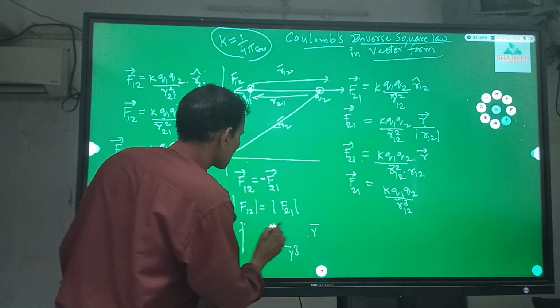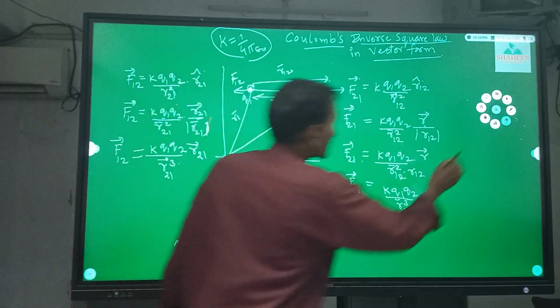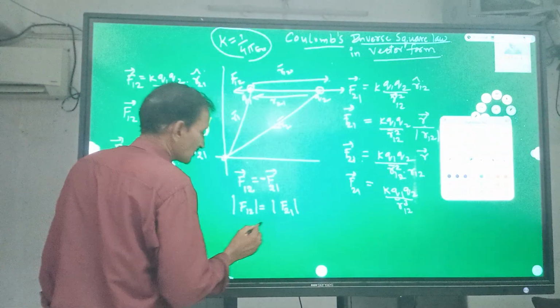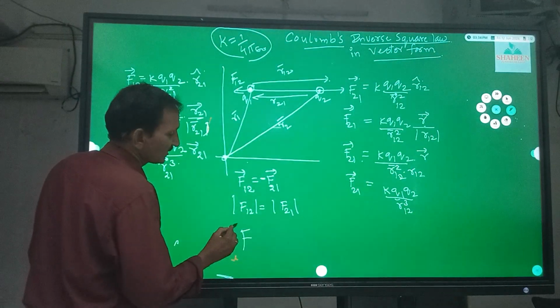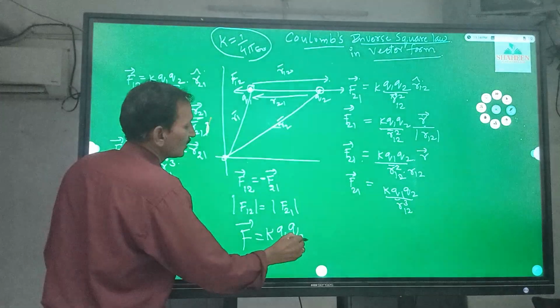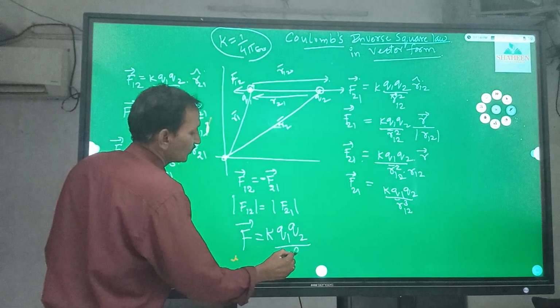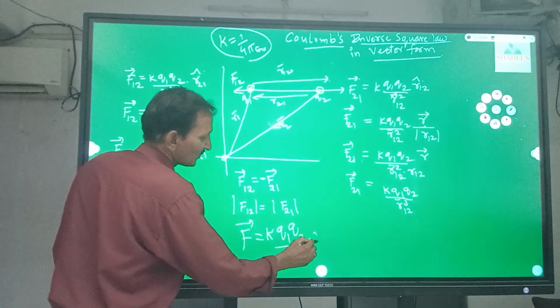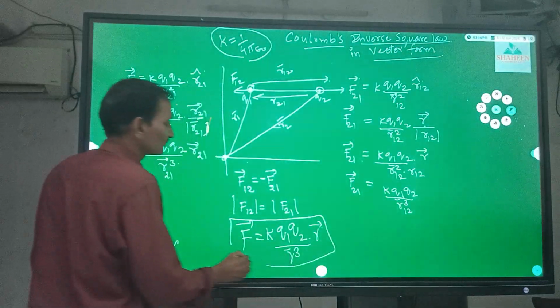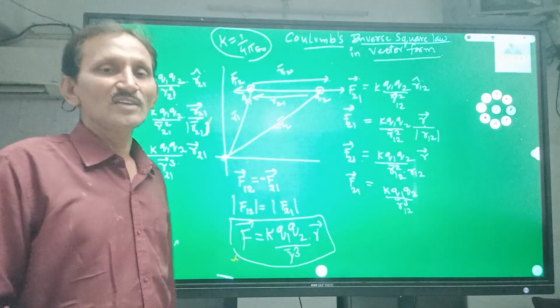These two similar forces can be written in vector form as K Q1 Q2 by R cubed times the vector R. This is the equation in vector form.